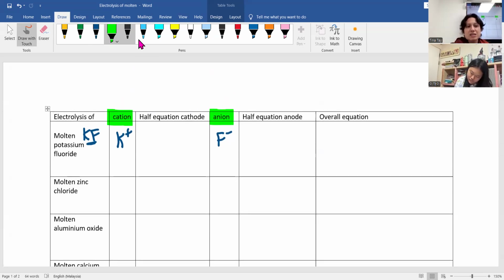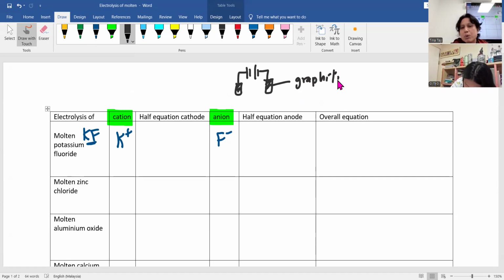So in all these reactions, what happens is I'm doing electrolysis. My electrode is made out of graphite. Why must it be made out of graphite? One side is anode, one side is cathode. Positive is anode.